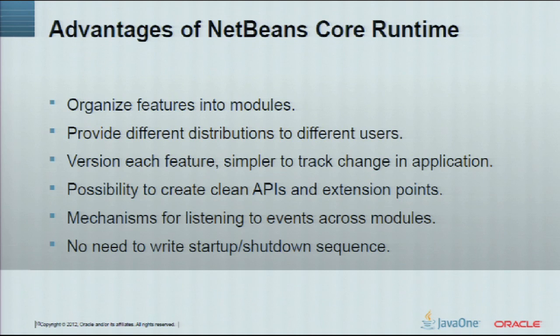Only once you make the explicit decision to share code with other modules can you, as the author of a module, say, okay, these packages inside my module are available to the rest of the world to use. And then other modules that need to use code from that module need to explicitly set a dependency on that module.